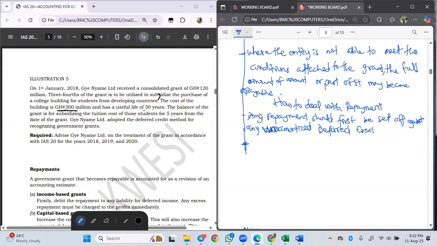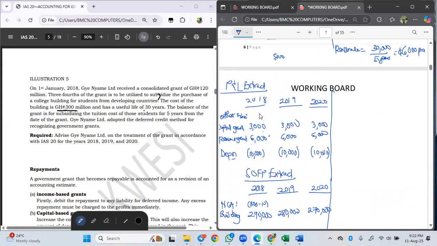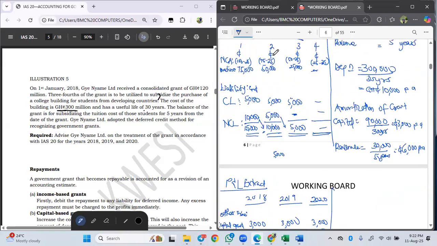So if maybe in year 1 you fulfilled the grant, year 2 you fulfilled the grant, in the middle of year 3 you failed that condition, you've consumed the first year, the second year, plus half of year 3. That makes 2.5 years. What this means is that, after repayment, you have to charge depreciation right from year 1.